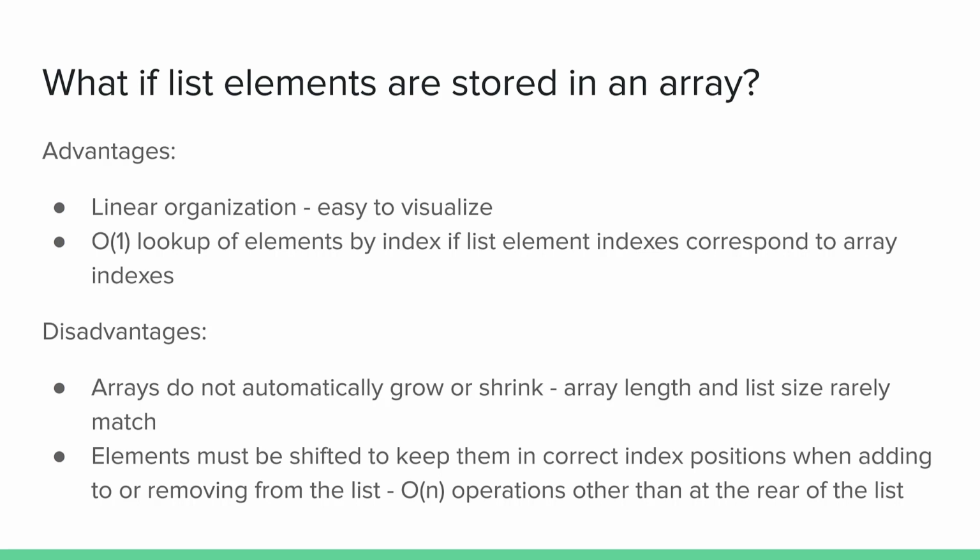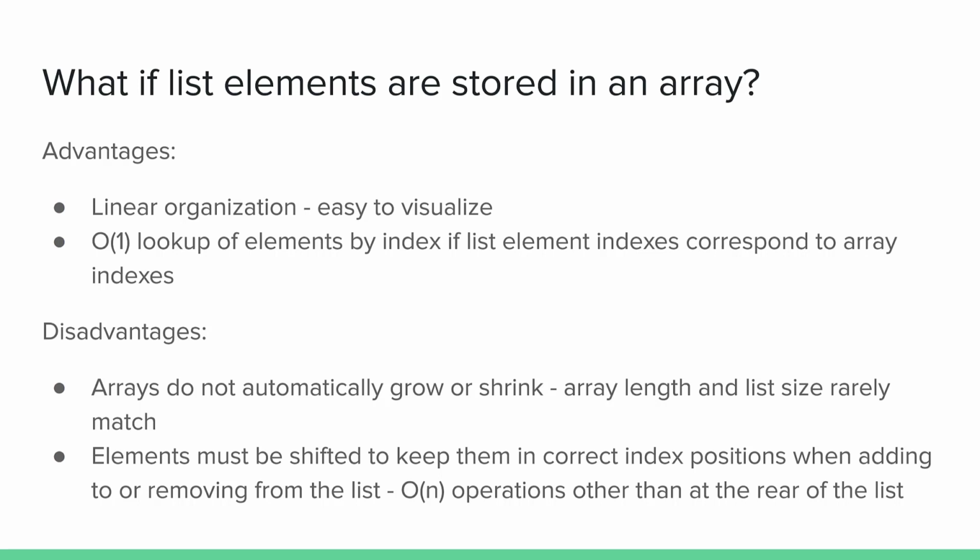It seems like it would be pretty obvious that we could store these elements in an array where each element is placed in the corresponding index position of that array, because arrays are also organized in a linear fashion and they already use indexes. So if we just put every single element from the list in its corresponding index position in an array, it seems like we could use an array to manage the concept of a list.